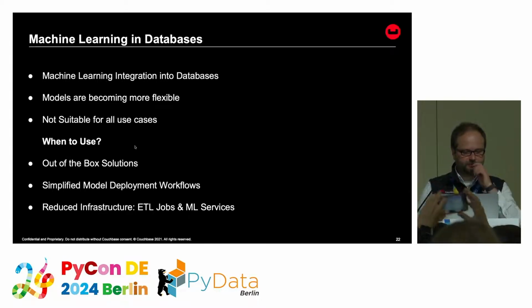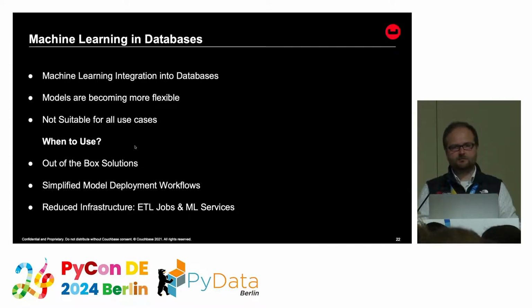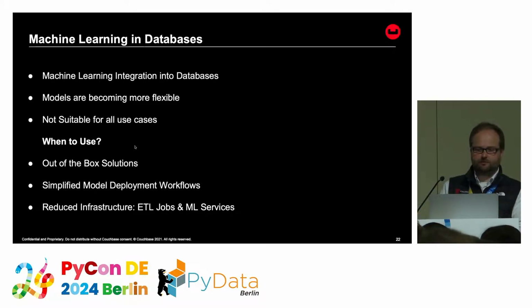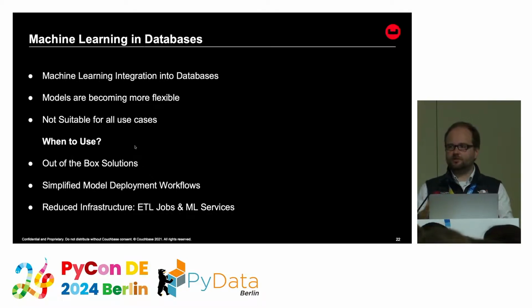But it's not suitable for all use cases. Obviously, some of the ML modules use graphic cards. This is CPU bound, so that's probably then not your use case. But for most of the standard use cases, or if you want to try out things, that's good enough. When to use it? It's an out-of-the-box solution, right? So you don't need anything extra.